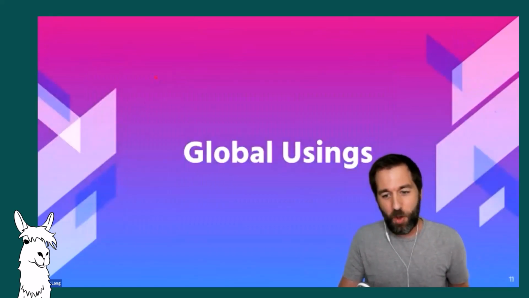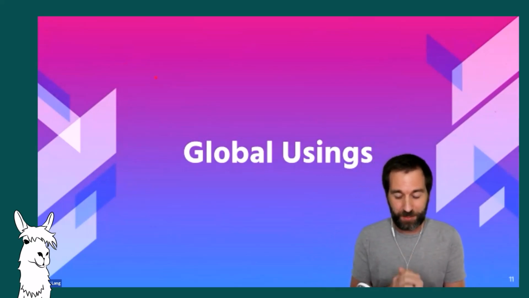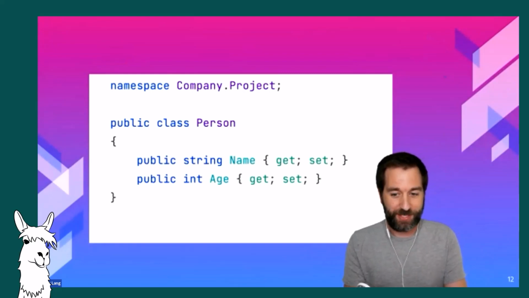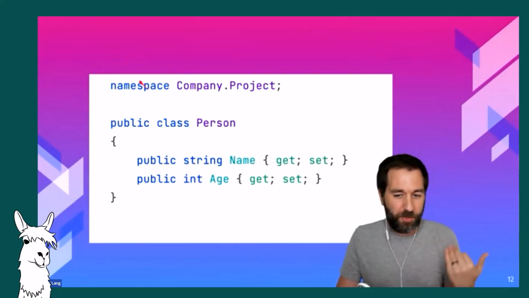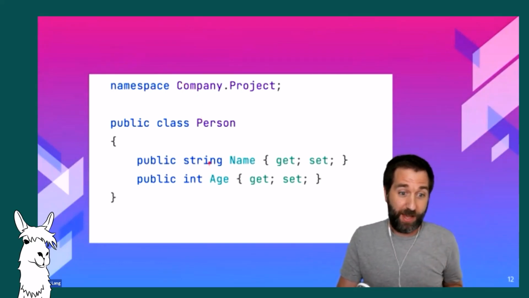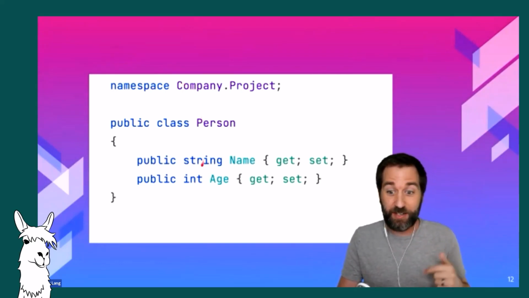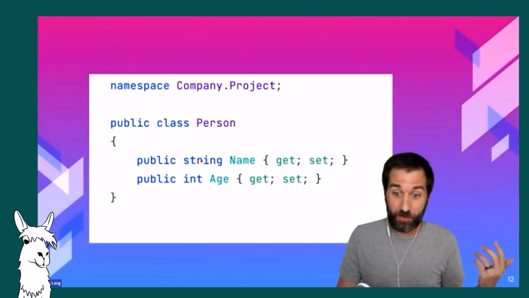On a similar theme, we have global usings. So if we take that same file that we just looked at, we've tidied up the indentation on the left-hand side now. But on most C# files, we have the using namespaces at the top that we need to bring in. Now in this file, we have a string and an int property, and those are compiler aliases to System.String and System.Int32.